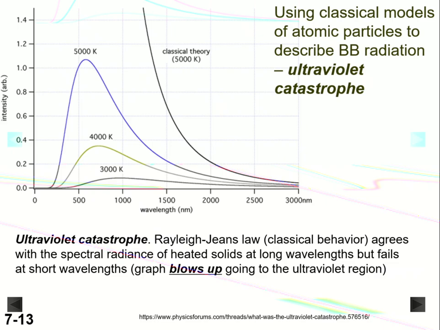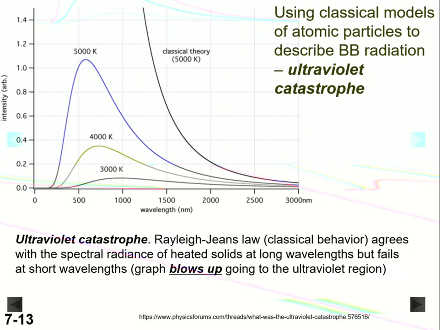And people tried to describe this using particles and forces holding together particles, and you get the black curve if you try and fit a 5,000 Kelvin black body. So there's something called the Rayleigh-Jeans law, and that's the classical behavior, and it agrees with heated solids at very long wavelengths, and that works pretty well, but it fails terribly at short wavelengths.